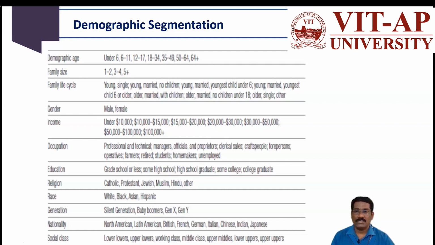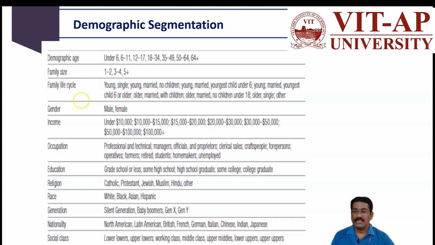Rather, they go for Honda Activa, a scooter type of vehicle. And some who have the affordability may go for a small Maruti car called Alto. So these are the examples I would like to highlight to make you understand demographic segmentation.